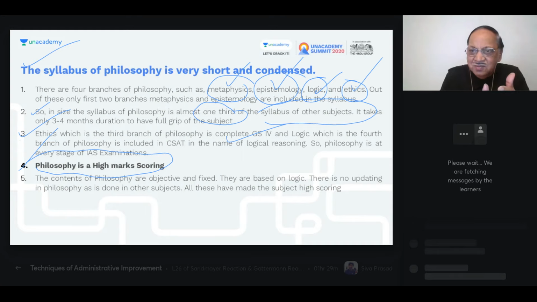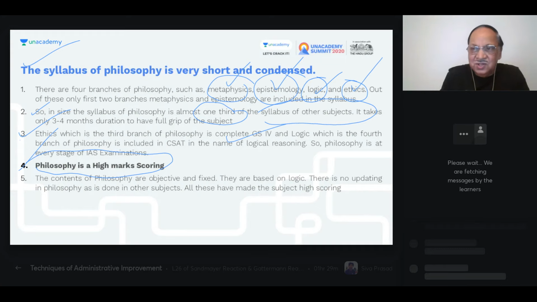Number one, the contents of philosophy are fixed. So you are sure that whatever you are going to write, the answer you are going to give, is 100% correct. Number two, it's objective. So there is no question of somebody writing better or worse. The objective thing is there, which you know. And the third reason why it is high scoring is that it is logical.